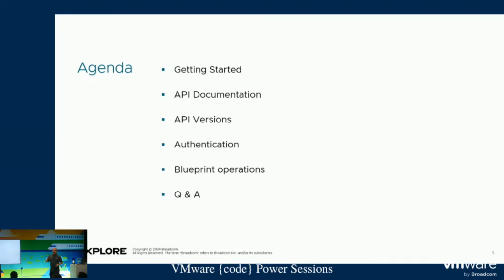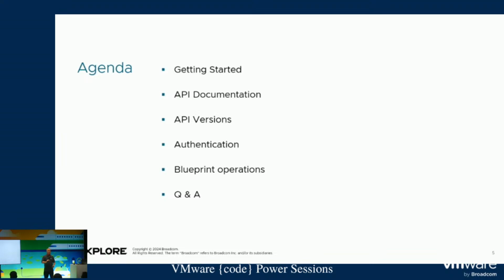In the beginning, we'll just get started with a little bit of level setting to make certain that we understand a few core concepts. Then I'm going to show you how to locate and how to use the API documentation for the Aria Automation REST API.